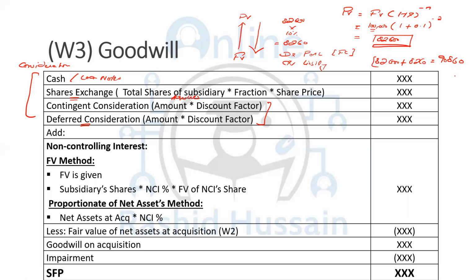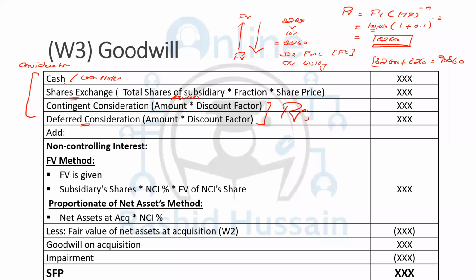Rounded off, you will get the 1 lakh, which is the liability in total. This process is known as unwinding. So first of all, you calculate the present value of it, and then you unwind it. But for the goodwill calculation, we just need the present values over here. The unwinding is for the next step, which we'll be discussing shortly.